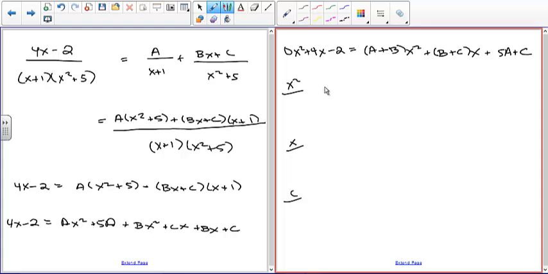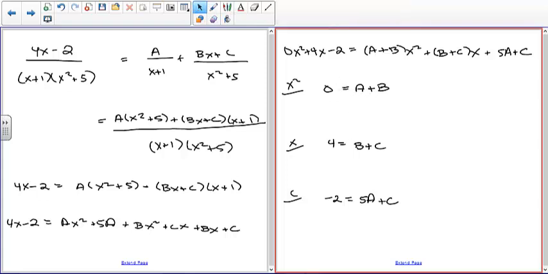When you have 0 on the left-hand side for x squared, you have a plus b on the right-hand side. For x, we have 4 on the left, and on the right-hand side, we have b plus c. And then we have negative 2 is equal to 5a plus c. And you can see that we're going to have 3 equations and 3 unknowns.